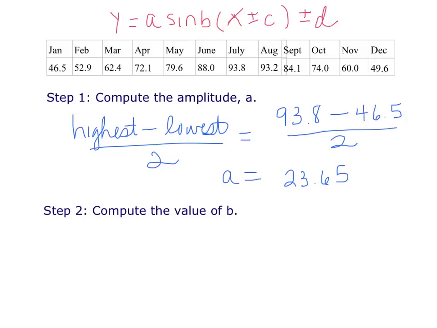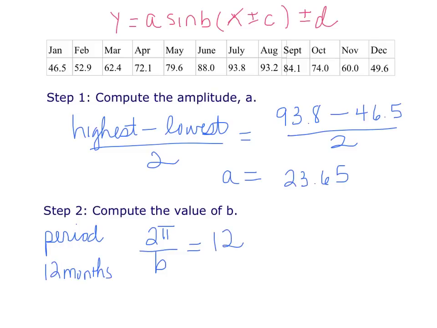Now, the value of B has to do with the period. And the period of sine is 2 pi over B. Now, the period is going to be 12, because there's 12 months, right? So the period is the 12 months, January, so 1 to 12. So we have 2 pi over b equals 12.